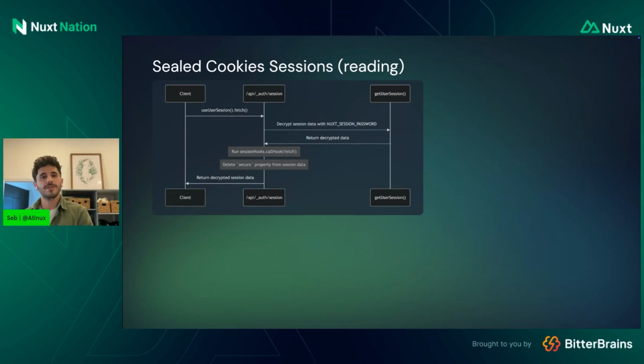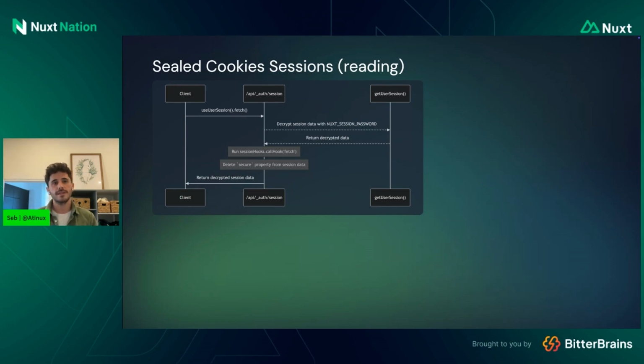Then, before returning the session data, the endpoint calls the fetch hook on the server, so you can extend the session data by creating a server plugin, waiting for this hook to be called, so you can fetch the user avatar, user email, anything that you need to display on your front end, but it's not necessary to be encrypted in the cookie for the server.